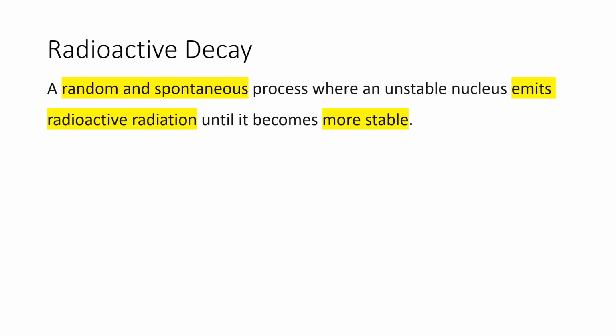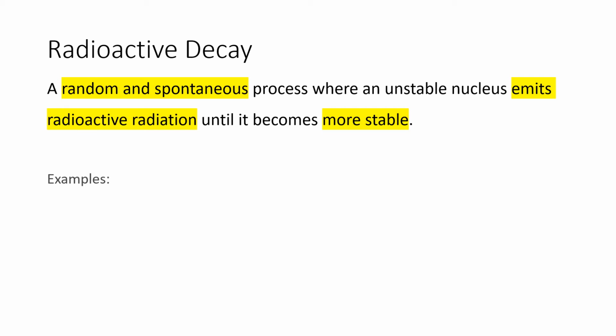Radioactive decay is a random and spontaneous process where an unstable nucleus emits radioactive radiation until it becomes more stable. It is a property of several naturally occurring elements as well as of artificially produced isotopes of elements.